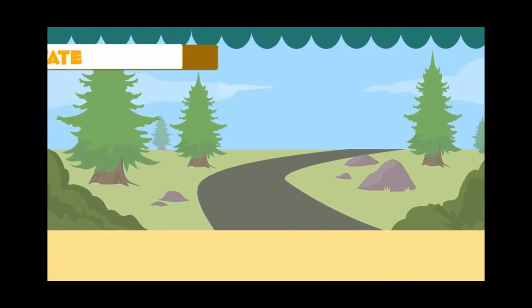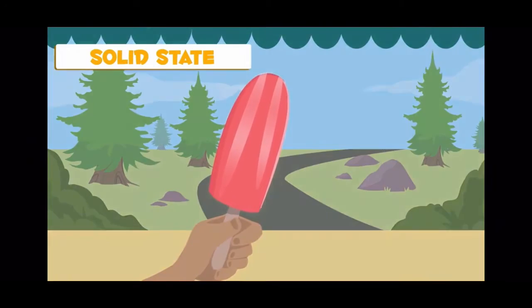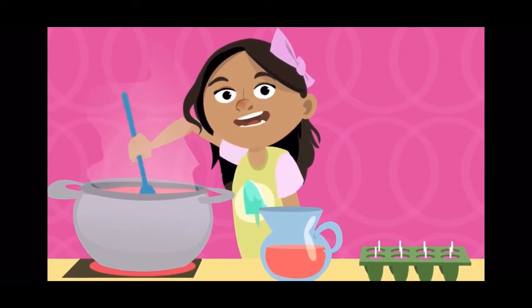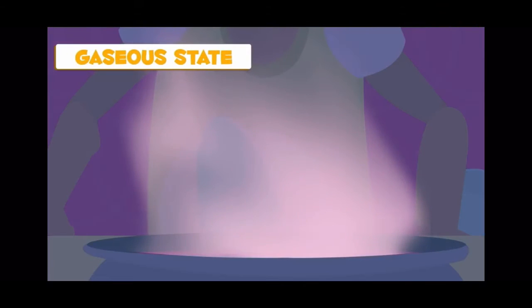The popsicles we eat are solid. Matter in its solid state is characterized by having a fixed shape and volume. Particles are held together in an organized structure. See? Lastly, the gaseous state. The vapor coming out of the pot is a gas.